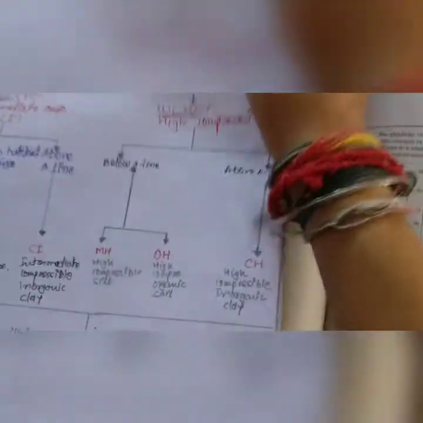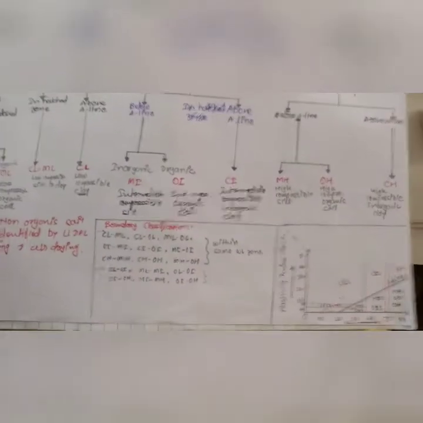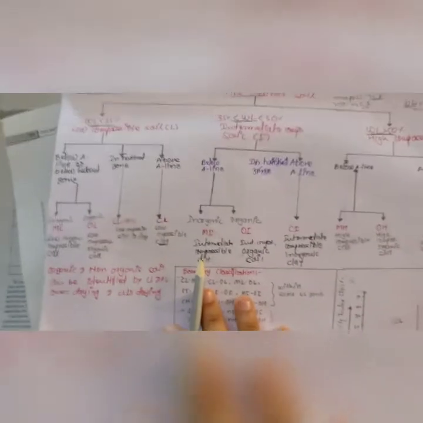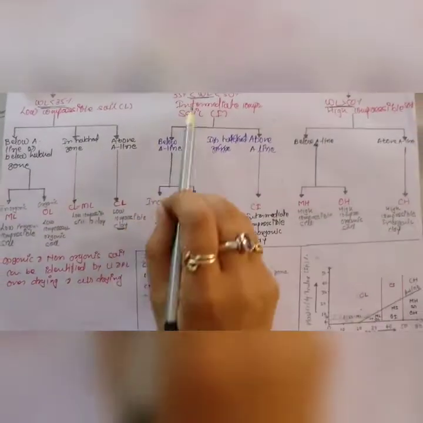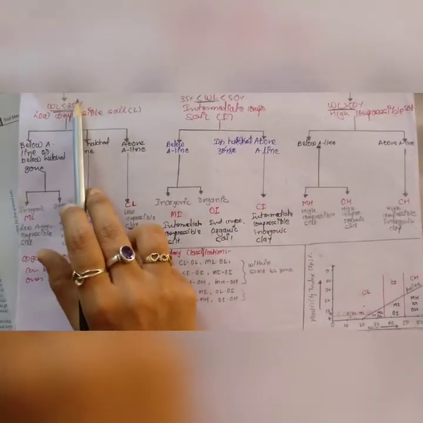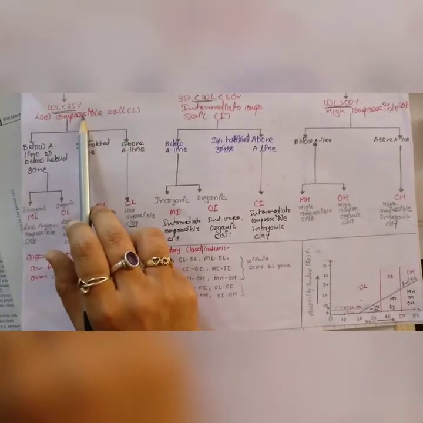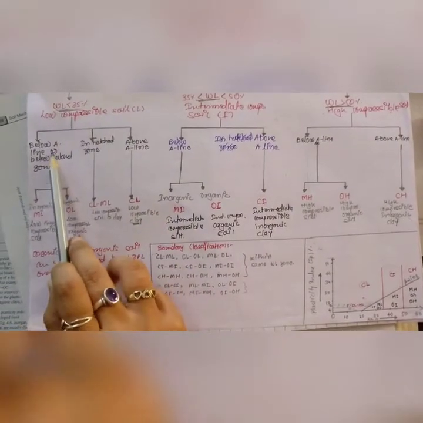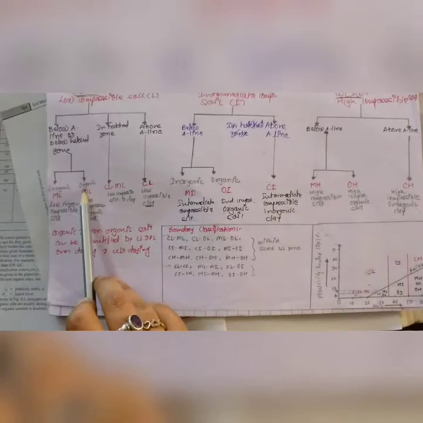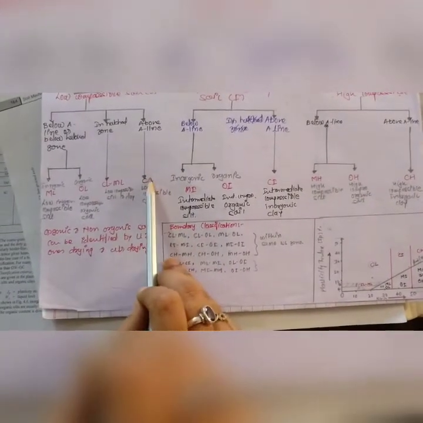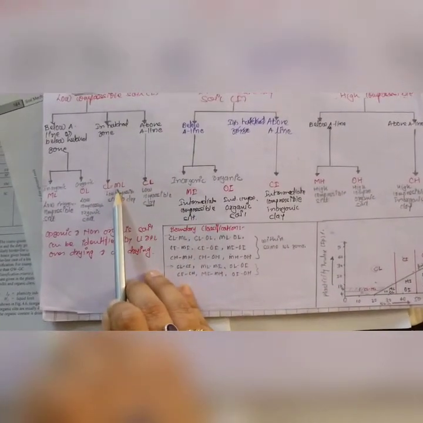The same thing I have mentioned here in the form of a chart. If the liquid limit is less than 35, low compressible soil, below the A line it is ML or OL, above the A line CL, and if it is lying in the hatch zone, it will be CL-ML.